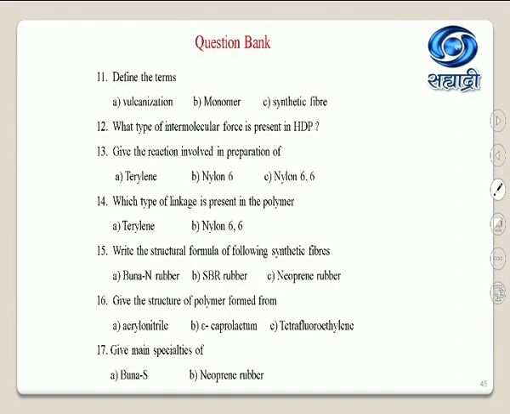So here you have to give structure only. Then give the structure of polymer formed from acrylonitrile, epsilon caprolactam, tetrafluoroethylene. And the last question, give main specialties of the polymers, that is Buna S and neoprene rubber.